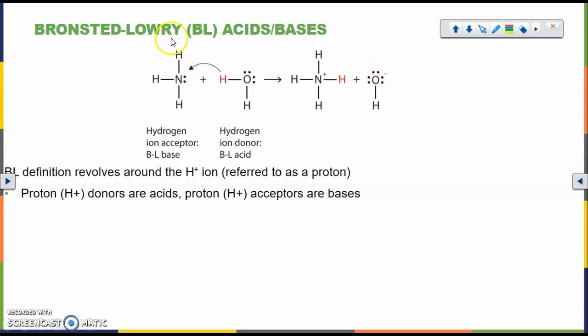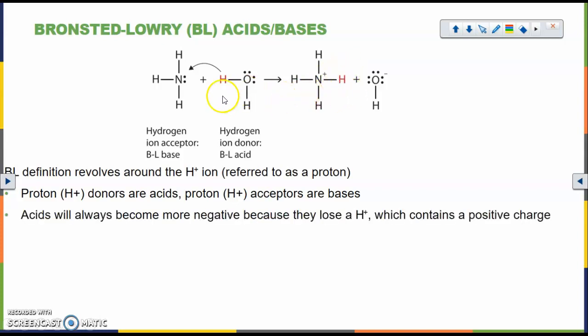Whereas ammonia in this case actually becomes the ammonium ion. It's a base because why? Let's look at the red H right now. It has gained that hydrogen ion. So very easy. If you look at the product side, anything that becomes more positive is the base. Anything that becomes more negative is the acid.